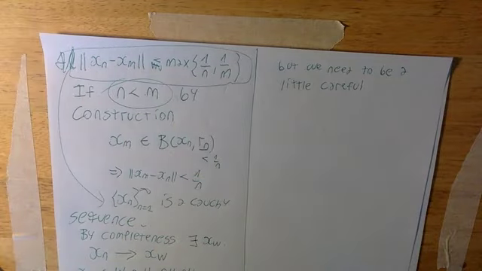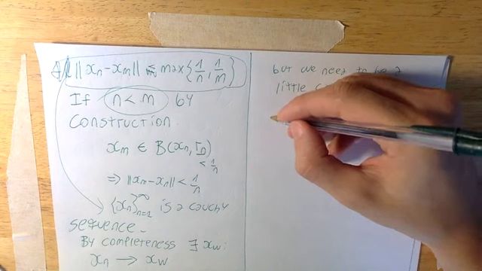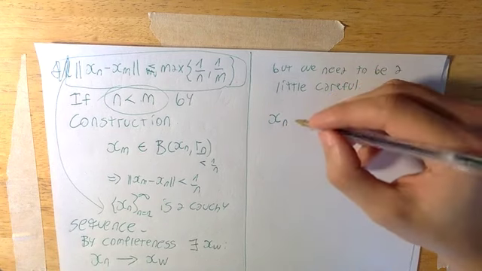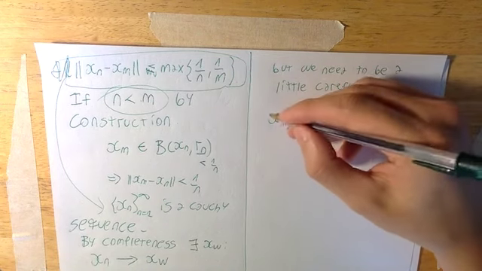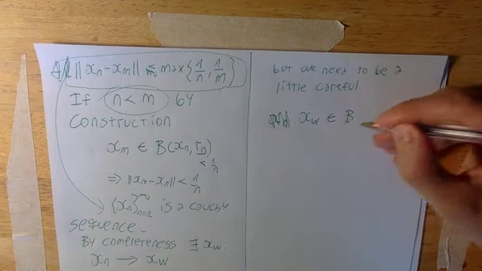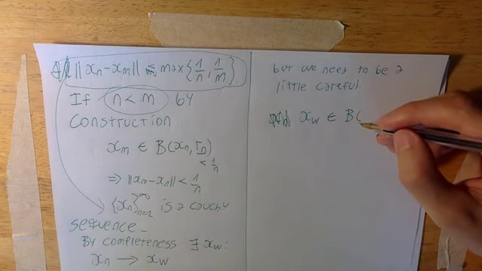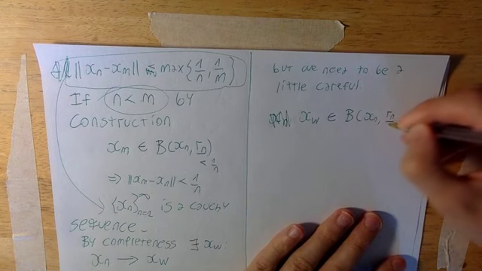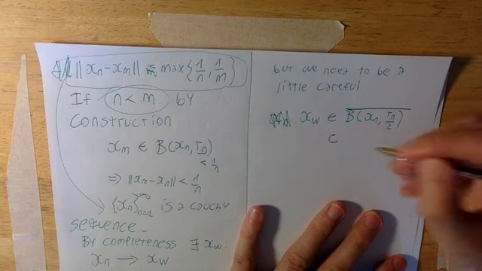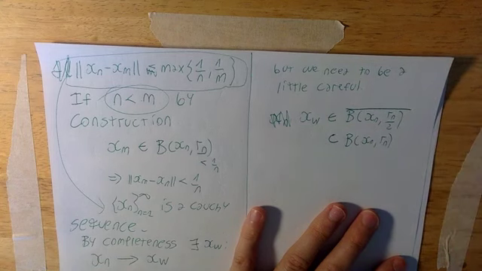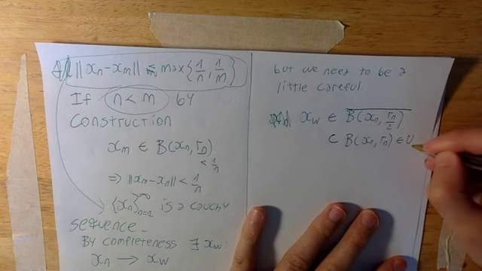What this implies is that xw is in the closure of the ball of xn of radius rn over 2, which is contained in the ball of radius rn around xn, which in turn is in Un.